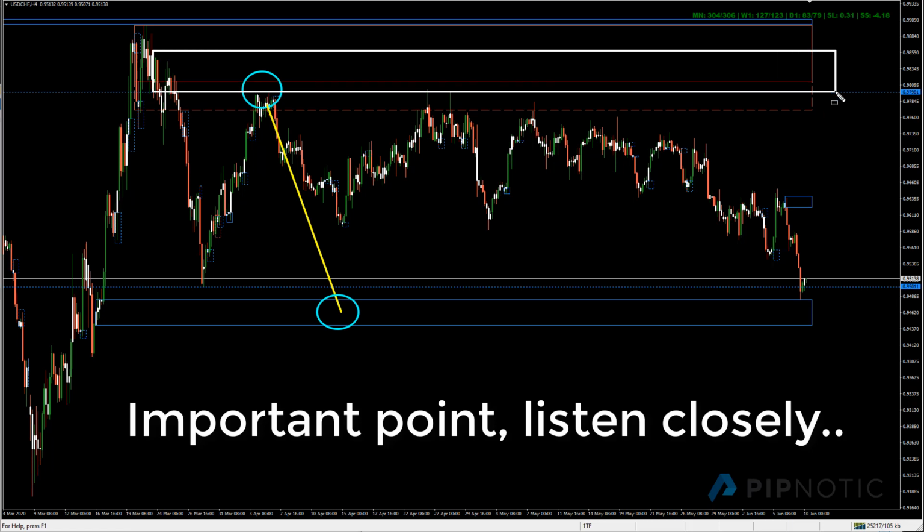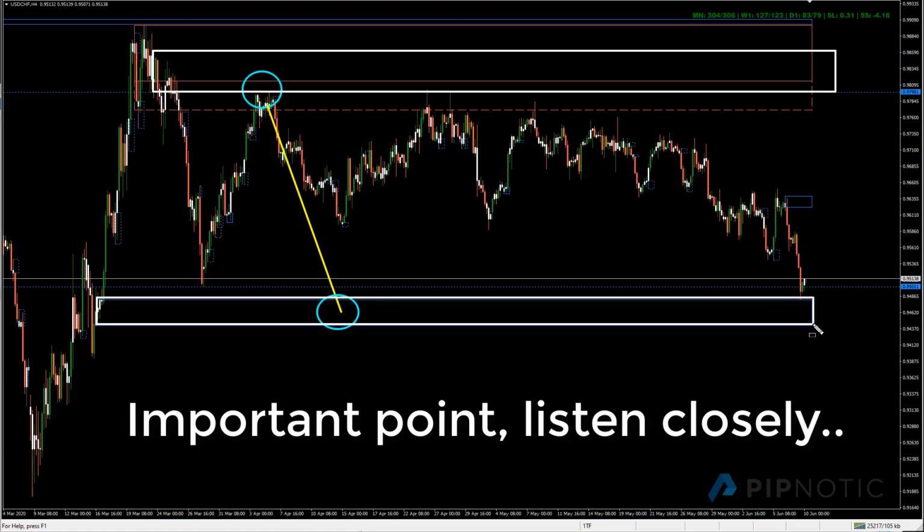And why is this? Well, this is because when price moves to the other side of the market, this shift in liquidity, this shift in momentum has already started. So you want to try and get the trades that happen at buy and sell zones before they reach the opposite side of the market.